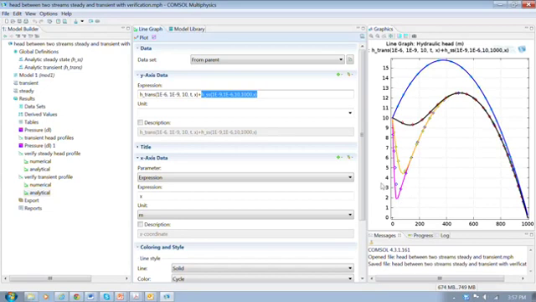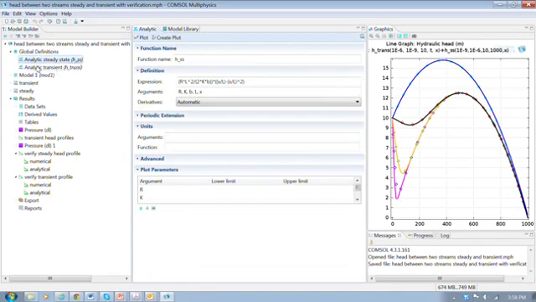So let's take a look at HTrans. That expression right there, that name of the function shows up right here. So you can see HTrans and HSS for steady state, that shows up right there. So this is the name of this particular definition, but that in the parentheses is the name of the function that's defined here.